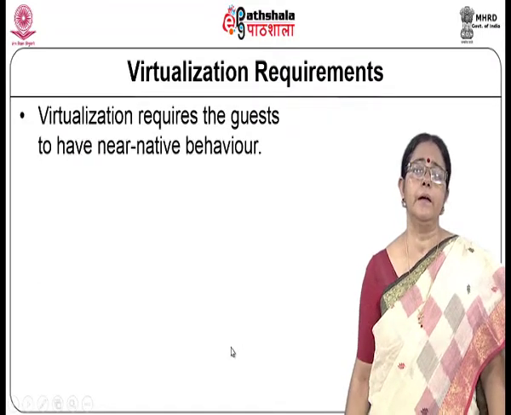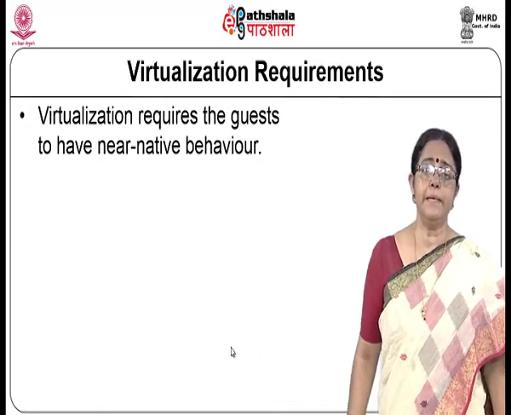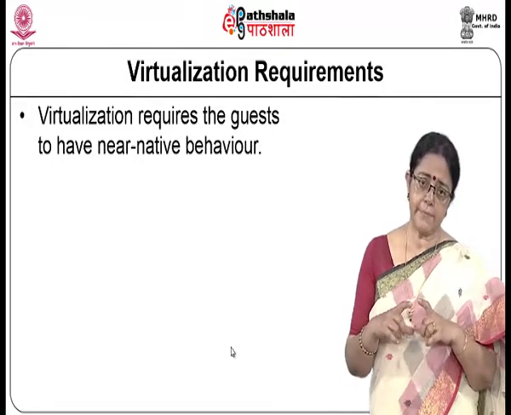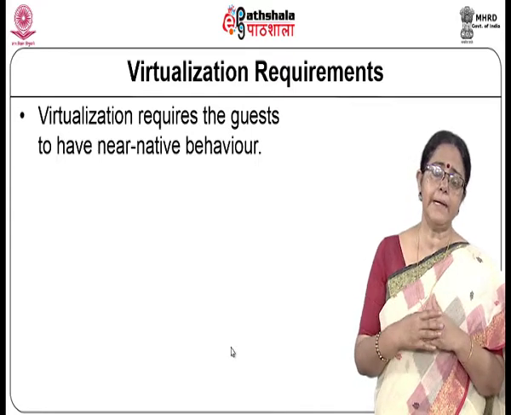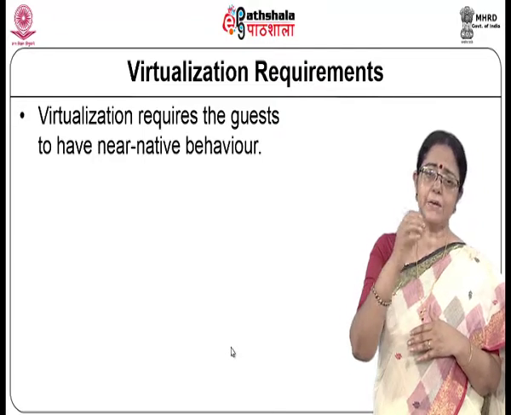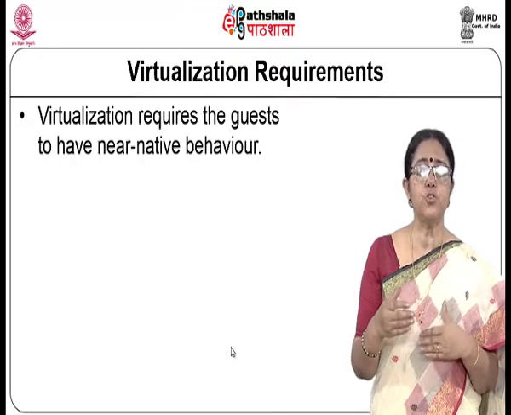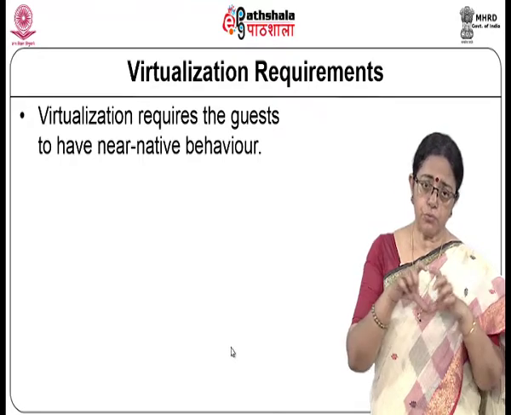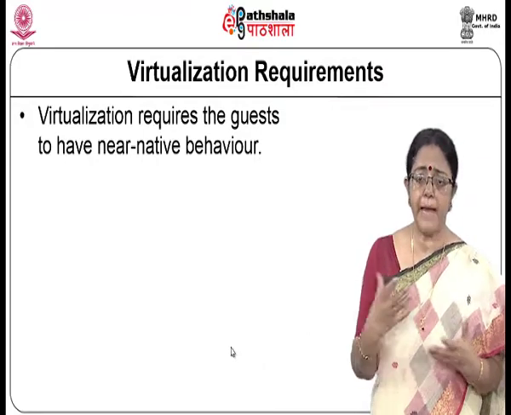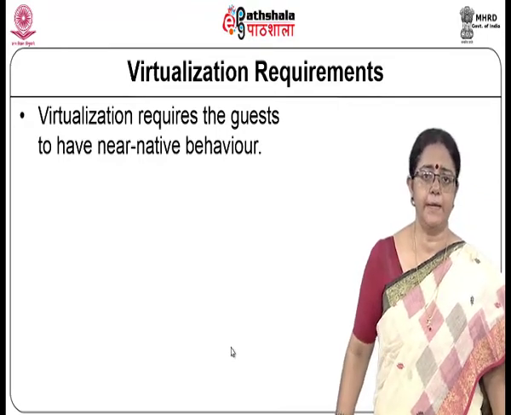So, what are the requirements of a virtualization? We want the guest to have near native behavior. What does near native mean? It means that we have the hardware, the ISA and the corresponding hardware, and the guest that we are running, the VM or virtual machine, should be running through the virtualization layer on top of the hardware in a manner that is equivalent to running it directly on the operating system and the hardware.